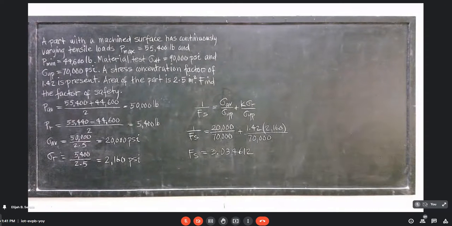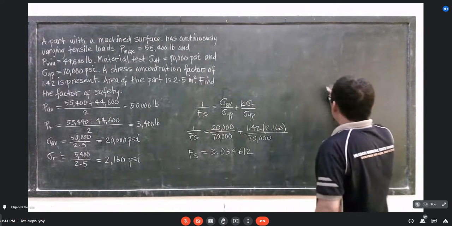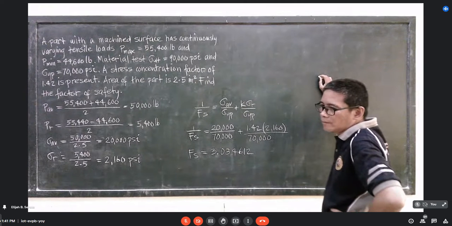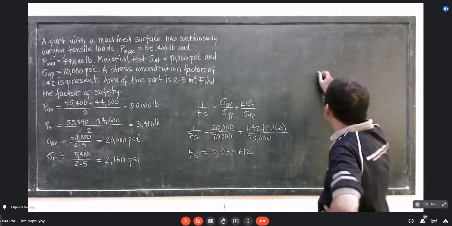What's the difference sa endurance strength ug sa ultimate stress, sir? Oh, according to the figure. Unsa man to? What is endurance? Wala absent ka na. Discuss na to ng endurance.